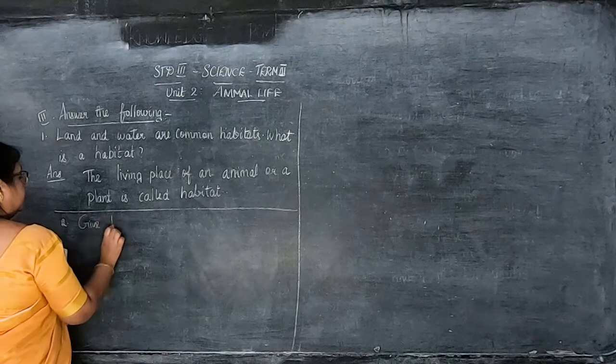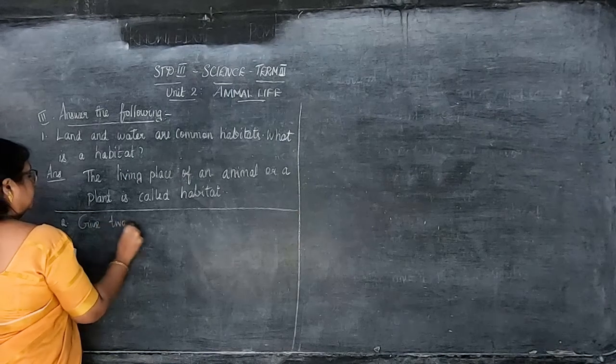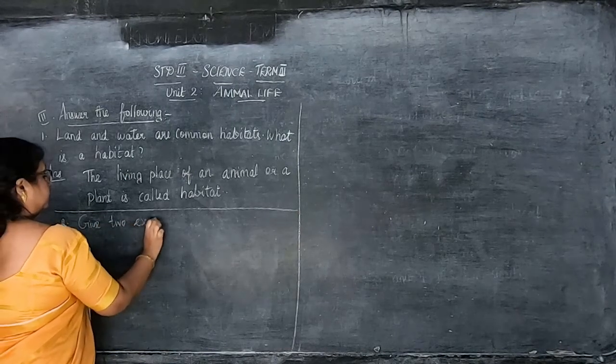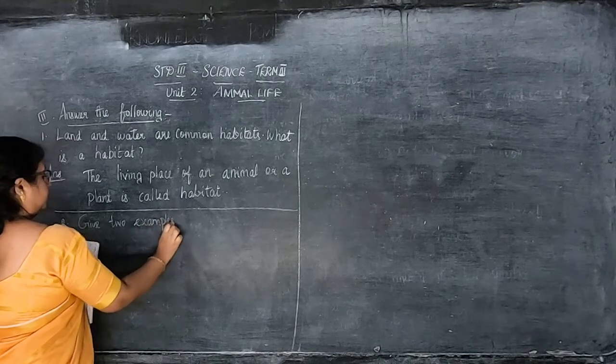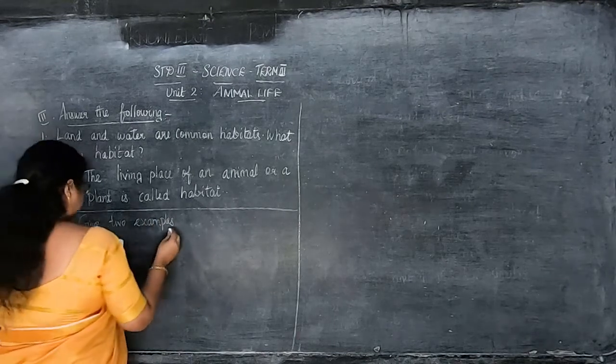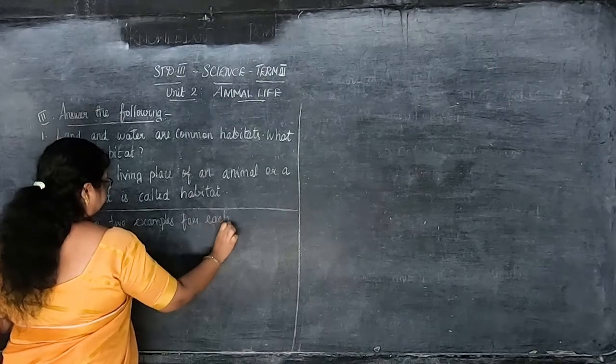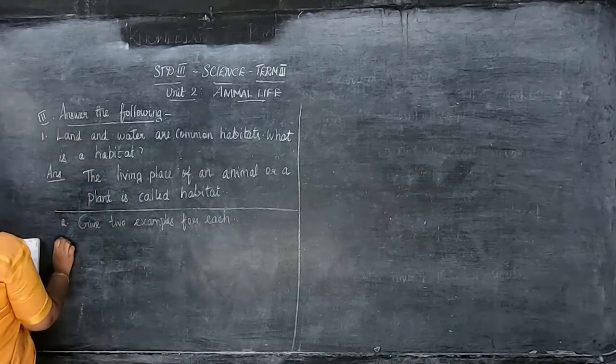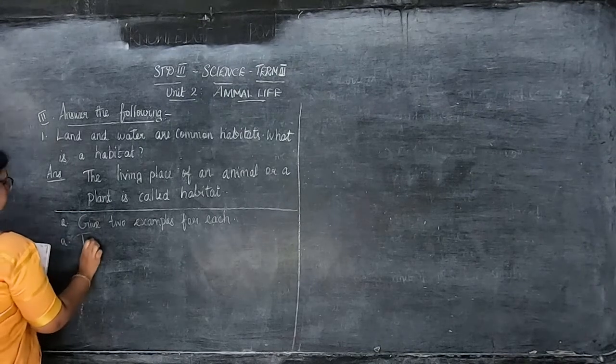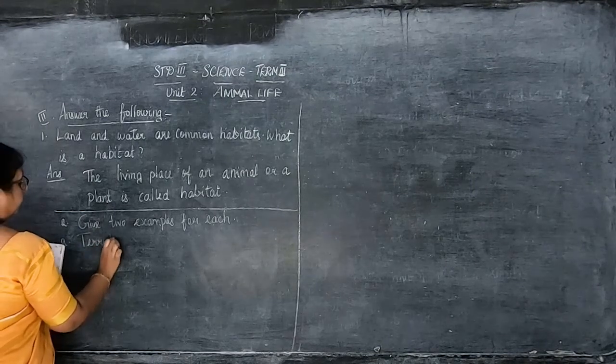Give 2 examples for each. First one, A, they have given terrestrial animal.